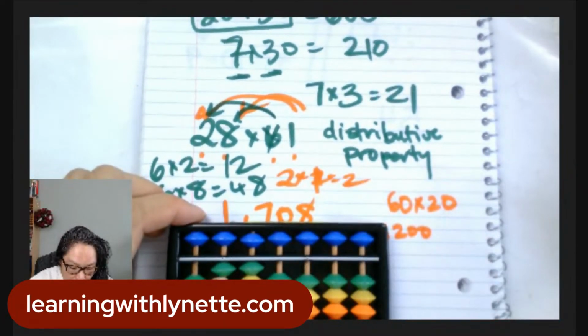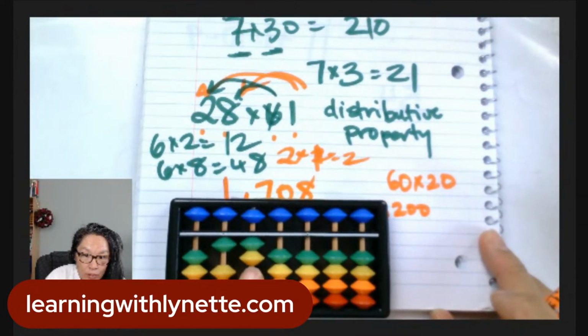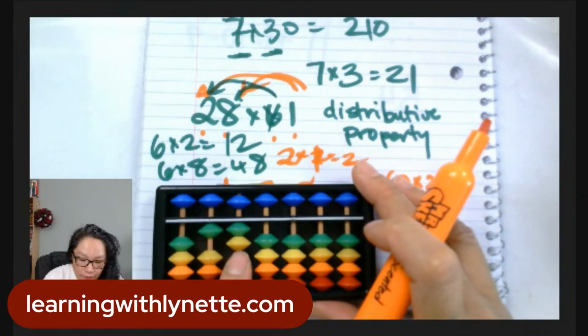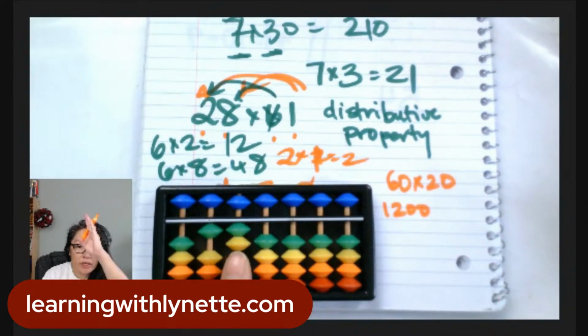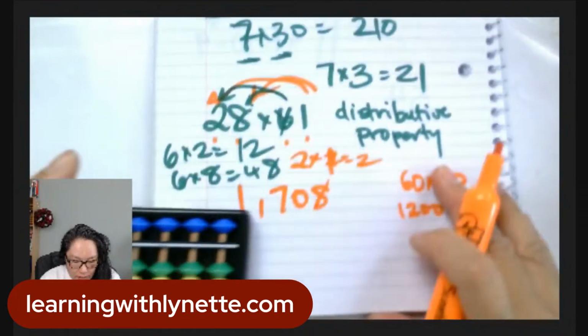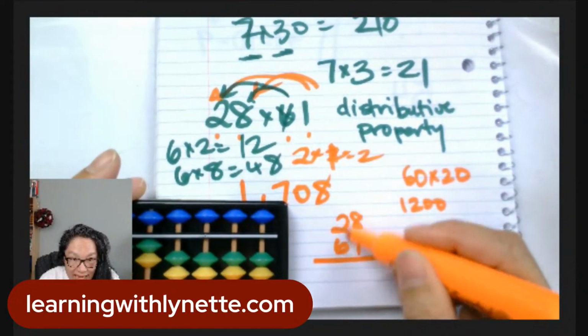Then, because I'm over here, when I do 6 times 8, right? 6 times 8 is 48. So what we're doing is we're just cascading it. Just like how we do in math, right? 28, 61. But we cascade it.